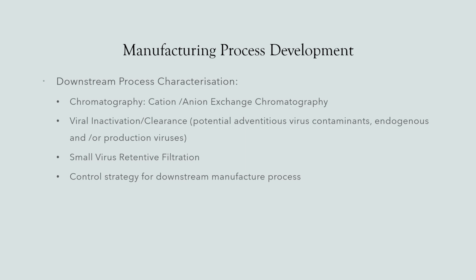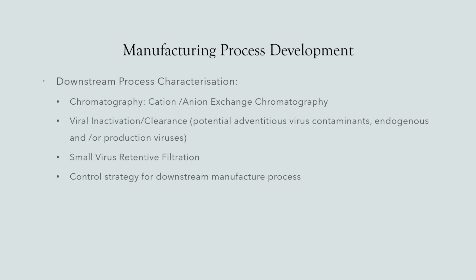The ICH guidelines have categorized various types of viruses, whether these viruses be relevant viruses or model viruses. And they've also provided guidance with regards to what to do when you're performing your viral clearance and viral inactivation studies.